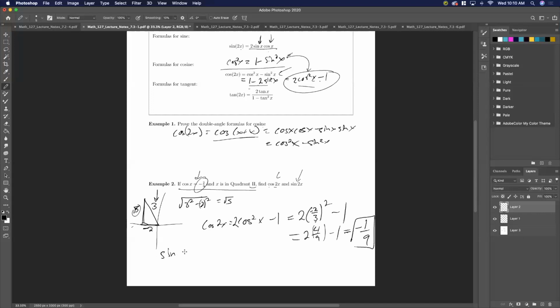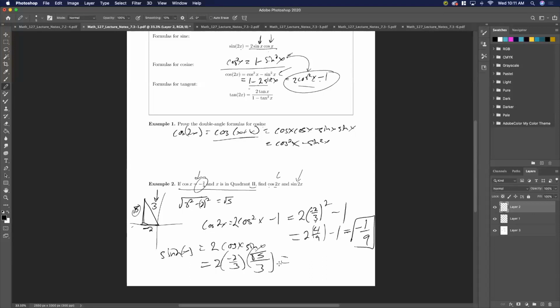For sine of 2x, we're going to use this formula, which gives us 2 times cosine of x, sine of x. Here, I'll write this down here, 2 cosine of x is 2 times the square root of 3. Sine of x here is square root 5 over 3.